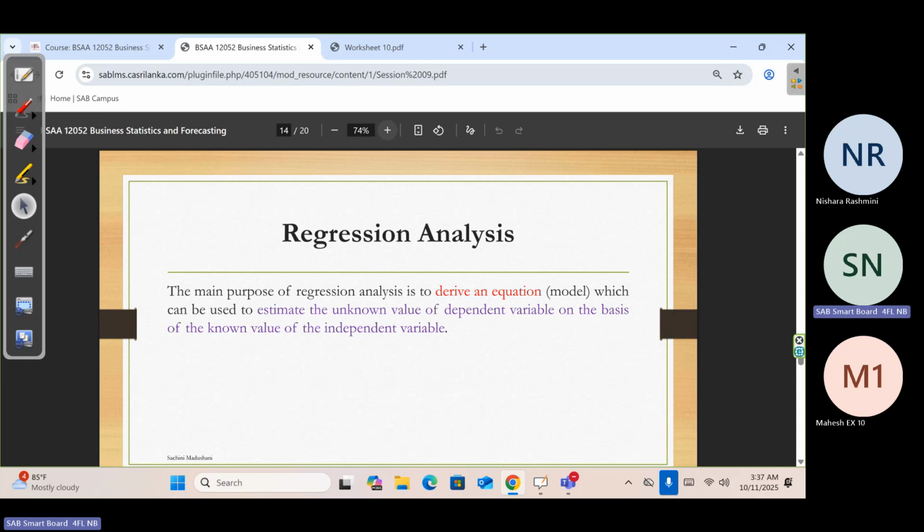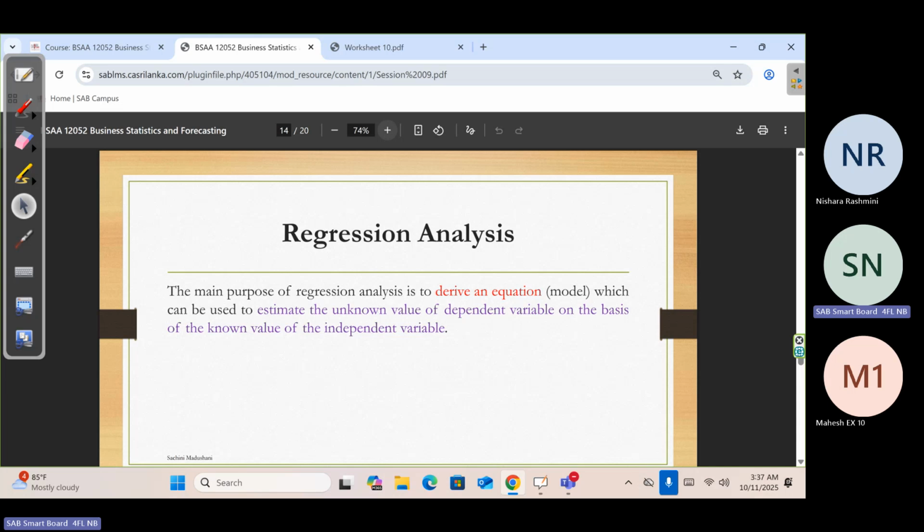Then if we have only one independent and one dependent, we can construct simple linear regression line. If we have one dependent and more than one independent variables, we can construct multiple regression model. Normally when we are doing the research, we construct the multiple regression model, not the simple one.